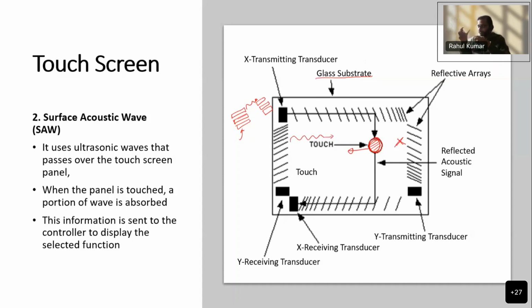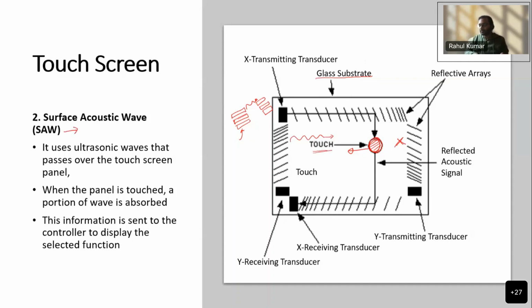So depending on the amount of wave which is reflected and not received on the other side, you have to obviously use some programming to identify the location of the touch.